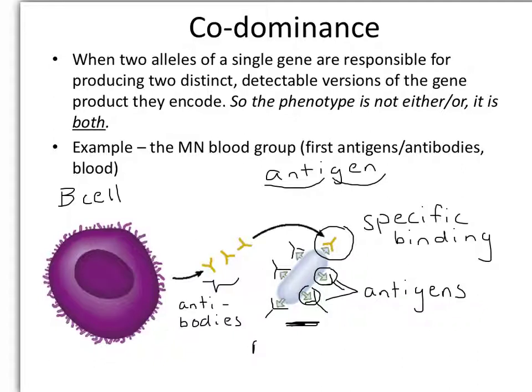So binding is going to equal phagocytosis. Cells like macrophages are then going to recognize that they should clear or remove that particular particle or invading cell. In this way, we keep our body free of foreign particles, such as invading bacteria or viruses. And that's the basics about antigens and antibodies.